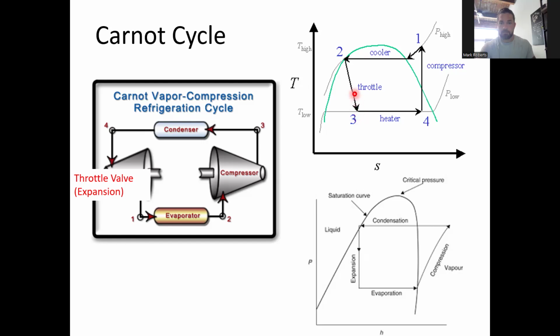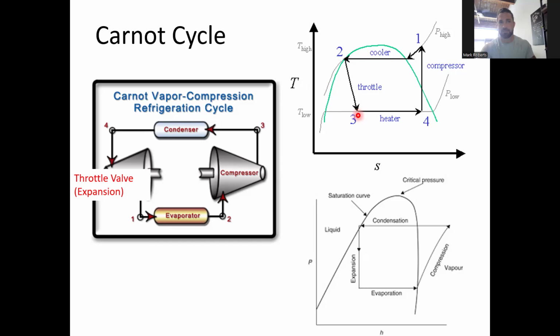Yeah, we allowed it to expand, where the only thing that could happen to it was vaporized liquid, and that was accompanied with a temperature drop. And now we have a much lower temperature, and this will be the temperature that's flowing on the inside of the refrigerator.